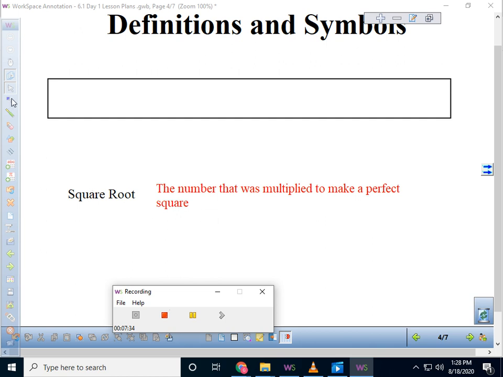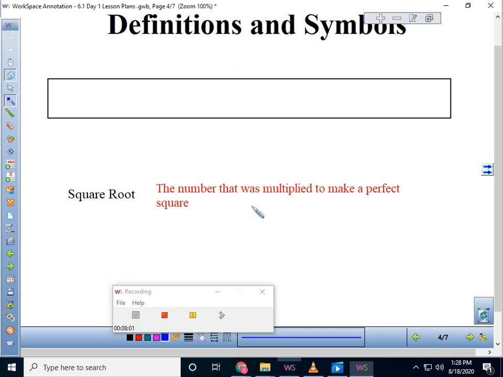So if I had, let's say, a perfect square number we haven't used yet so far, how about 16? I don't know if we've used 16. What number times itself equals 16?